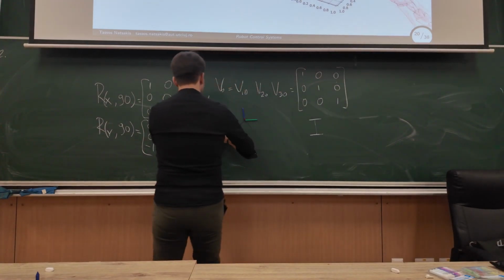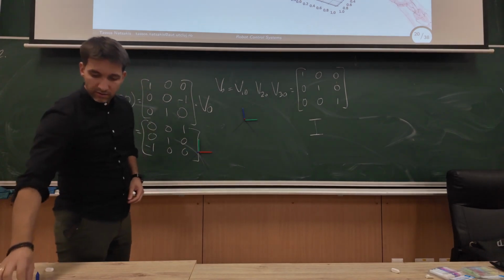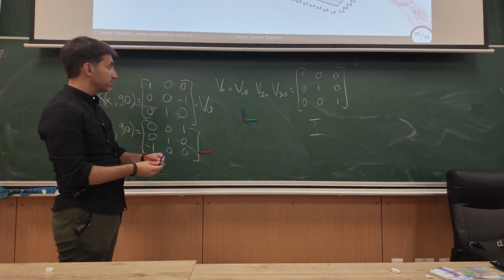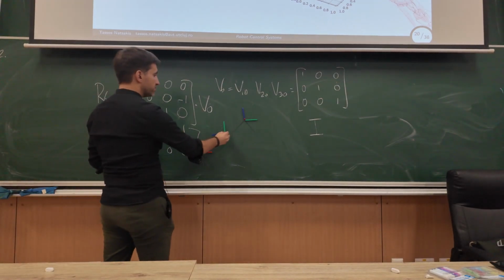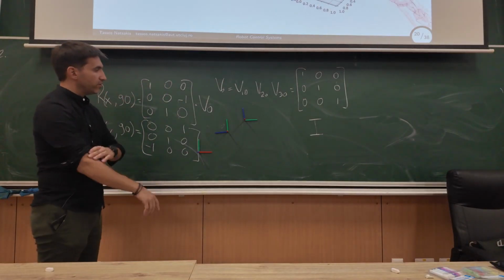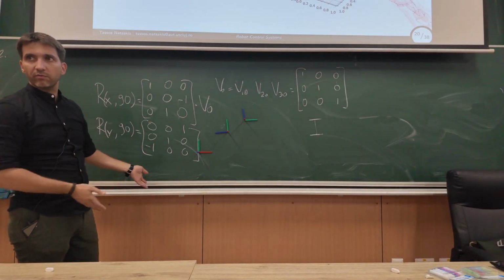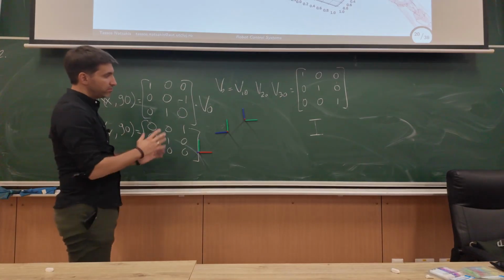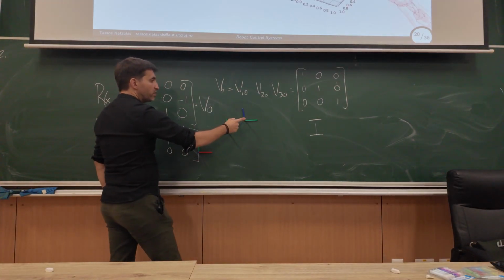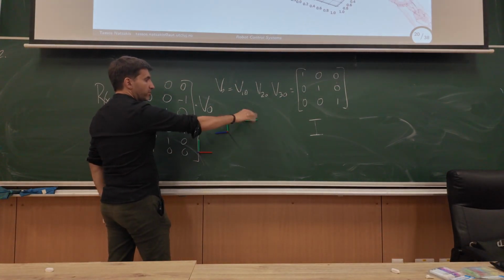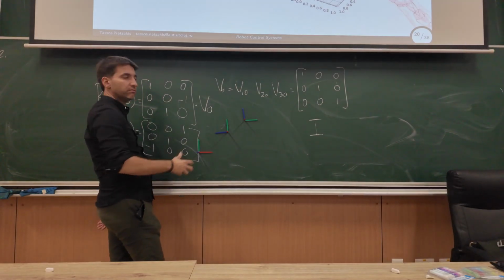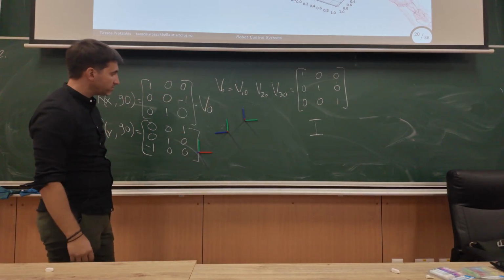Maybe let's do it in steps so it's more clear, since we have the frames. We first did the rotation around x and then around z. Forget the translation for now. What I do between this one and this one is I rotate around x by 90 degrees.